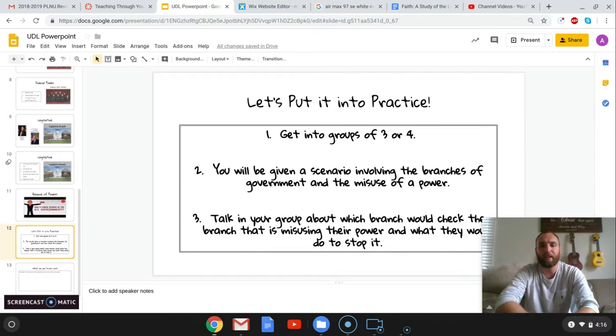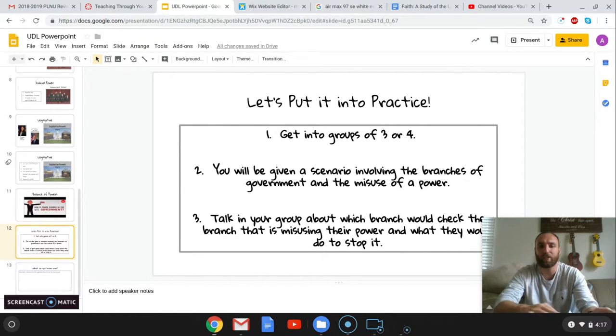Now this is for in class, but you could also do it at home with your parents or your family. But you get into groups of 3 or 4, and then there'll be a scenario given. Maybe you think of a scenario yourself where maybe the judicial branch, the legislative branch, or the executive branch abuses their power some way, or they kind of break one of the laws or powers that they have, and then talk about with your parents or anybody else that's around how a branch would balance that power.